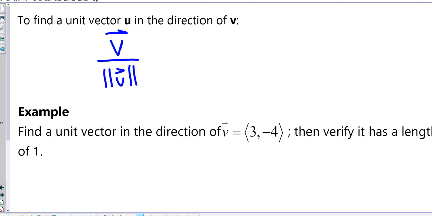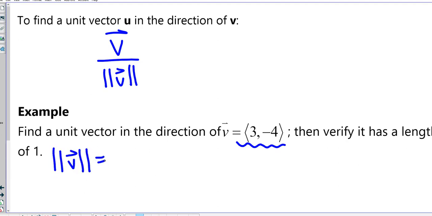So our example says find a unit vector in the direction of v, then verify it does have a length of 1. Okay, so first we need to find what? The length. We need to find out how long is the original, right? And then shrink it down by that factor. So how would I find the magnitude of v?